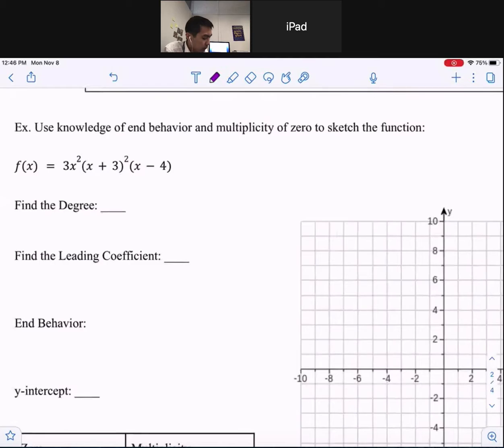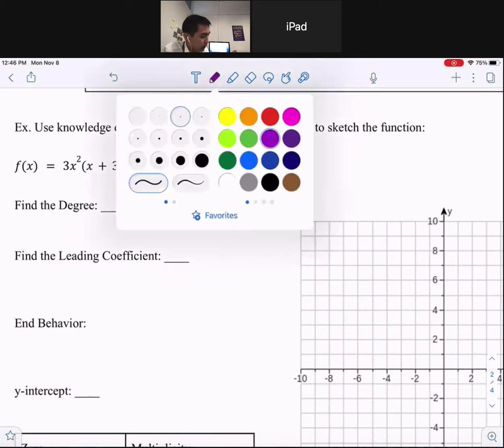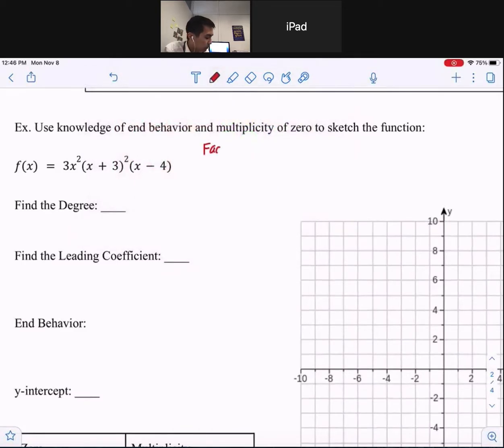So, first, this is not standard form, everybody. This is factored form. So first, let's write down a definition that will be helpful.